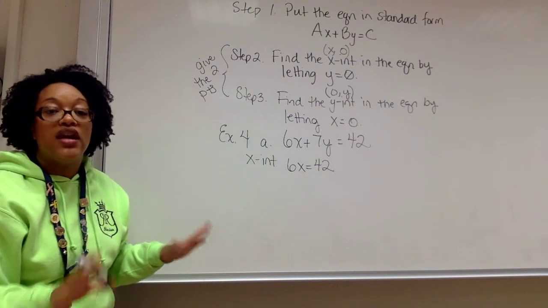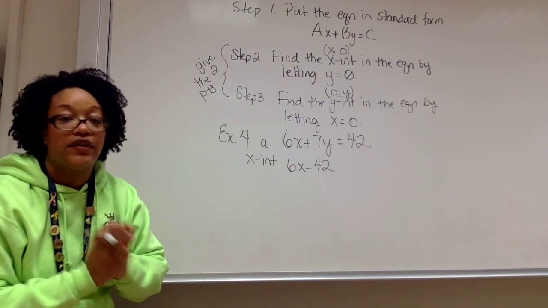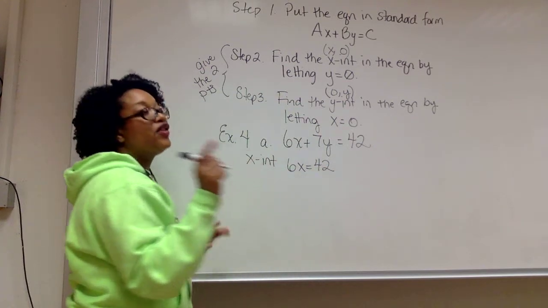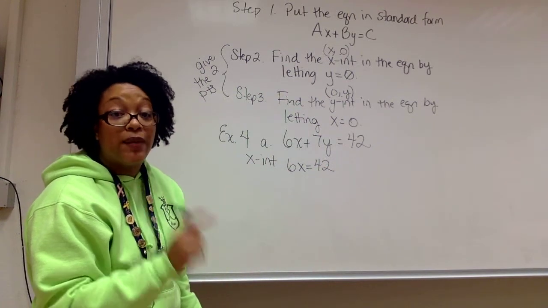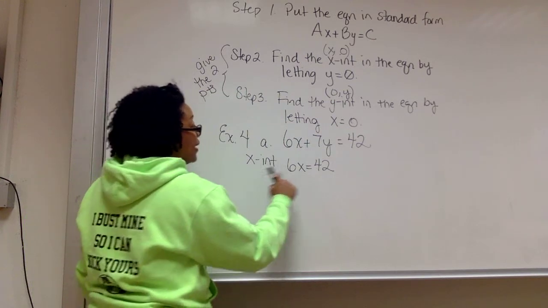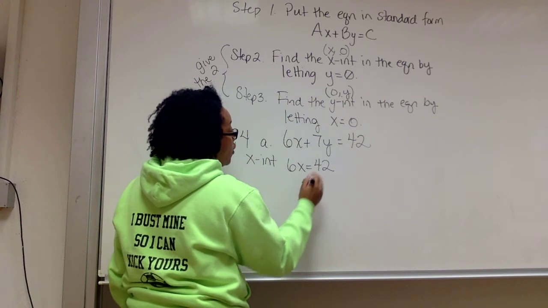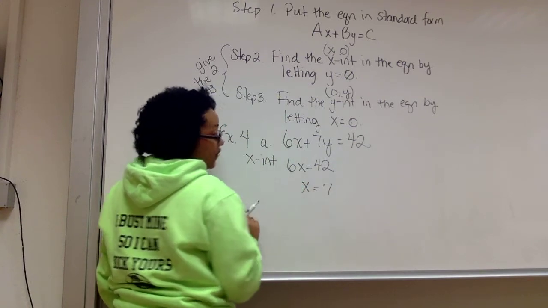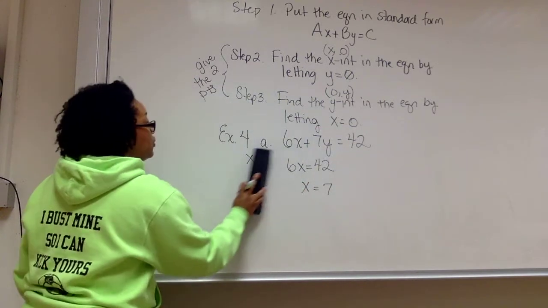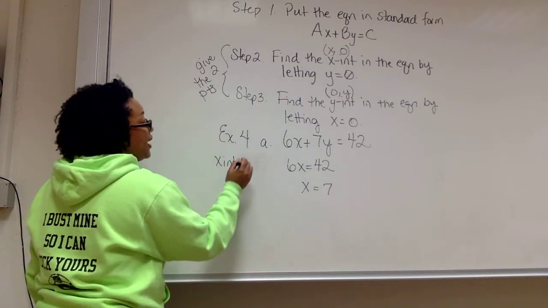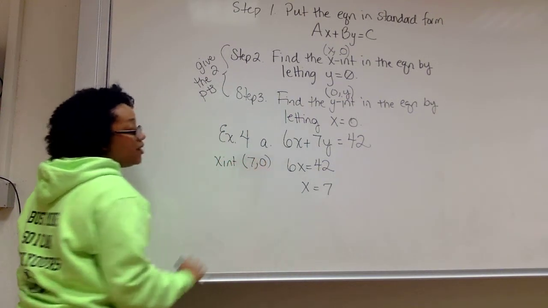You solve for x. If I solve for x, I divide both sides by 6. There's no way I'm writing that down because you should be able to do this in your head. 42 divided by 6 is 7. So my x-intercept is 7, 0.